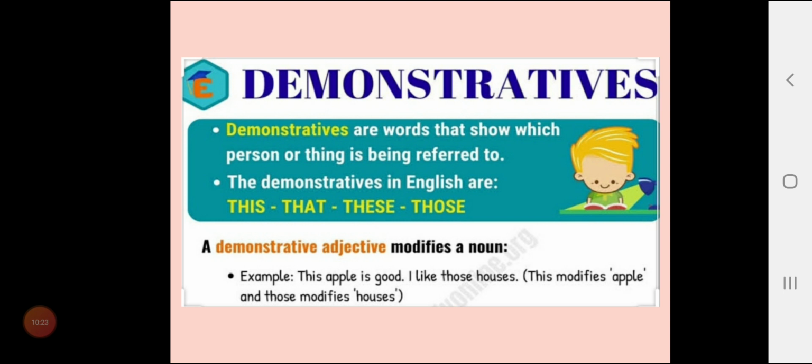for differentiating between adjectives and pronouns. Demonstrative adjectives are followed by nouns, like this apple, those houses. But in demonstrative pronouns, like that was a fantastic idea, there is a verb between them. So do not confuse.